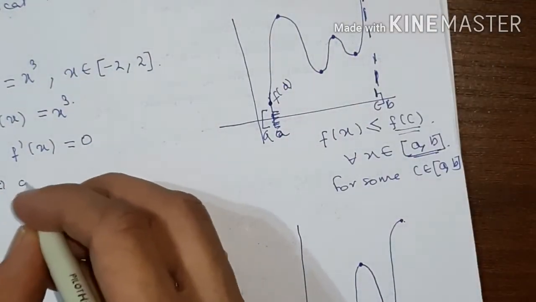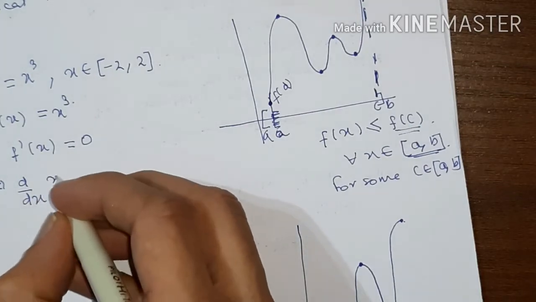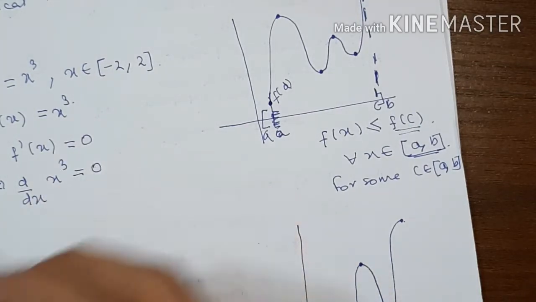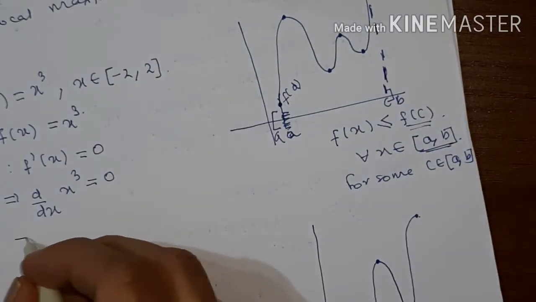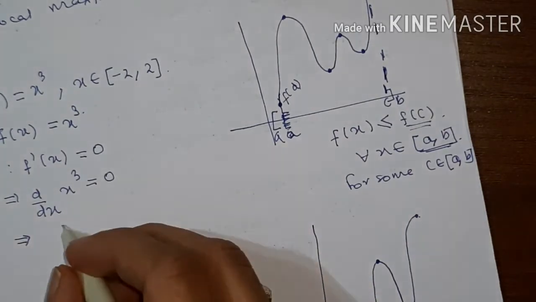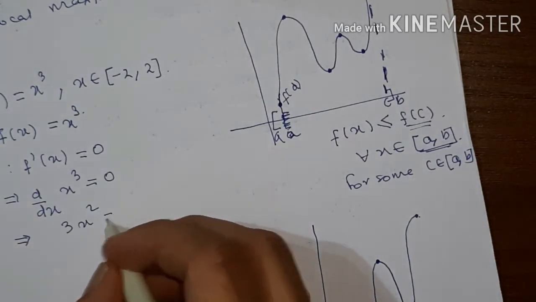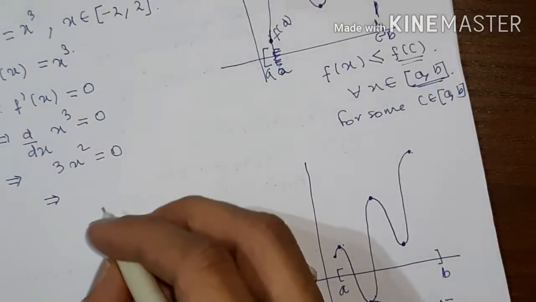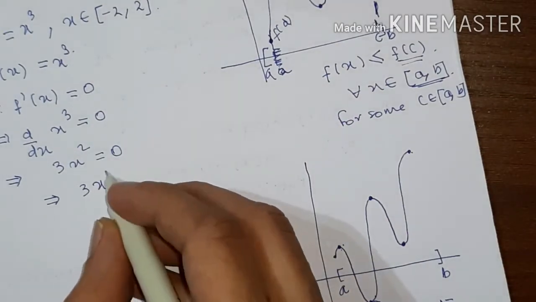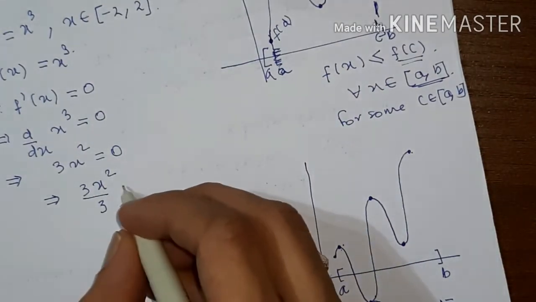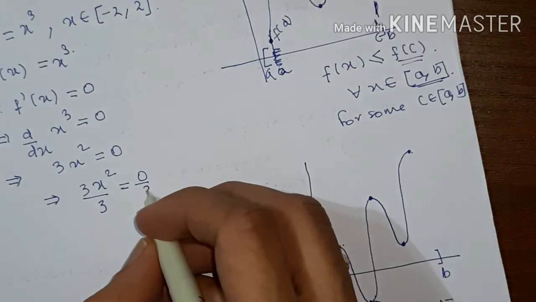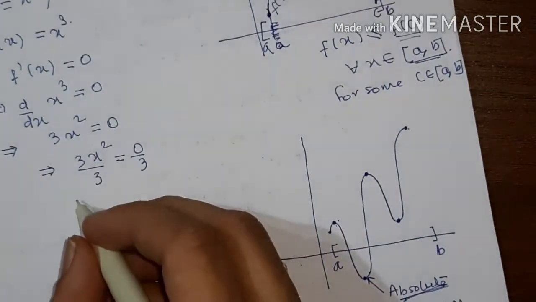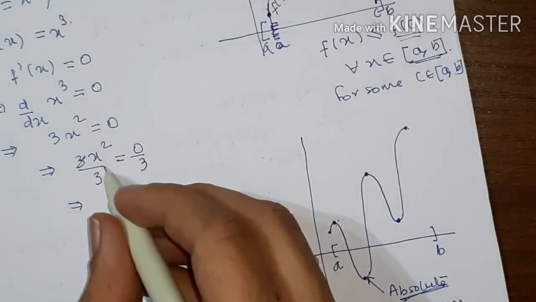That means the derivative of x cube is equal to 0. So this implies the derivative of x cube is 3x square, which is equal to 0. Now if we divide by 3 on both sides, we get 3x square divided by 3 equal to 0 divided by 3. So the 3 and 3 will get cancelled.